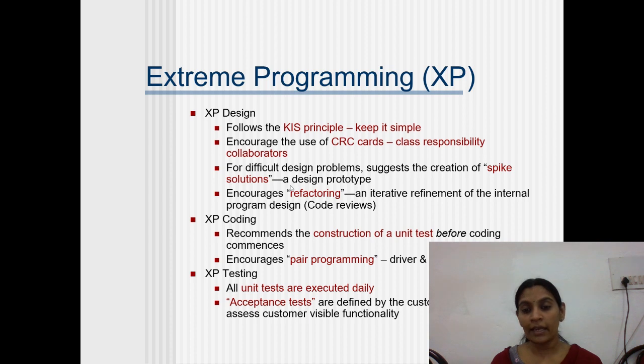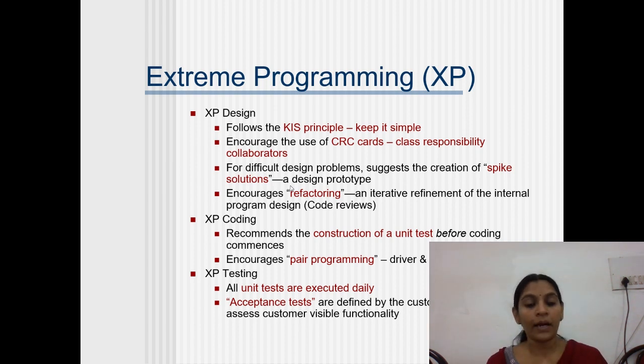If somebody is sitting as a supporter for finding out how to execute something we are not very confident about, or if you have a bug, to clear out the bug, if two people are sitting, it'll be easier and faster compared to one person who has coded and is sitting and debugging it. So those are the two keywords in XP coding.